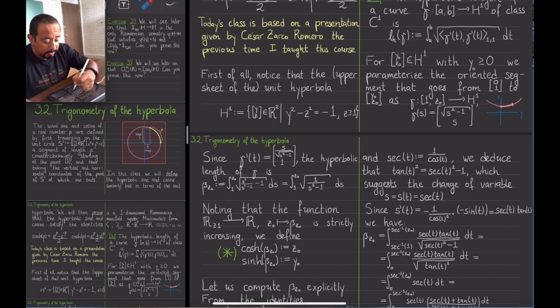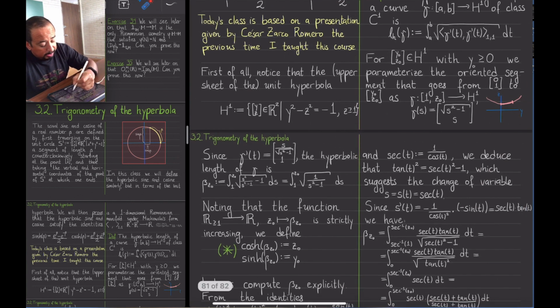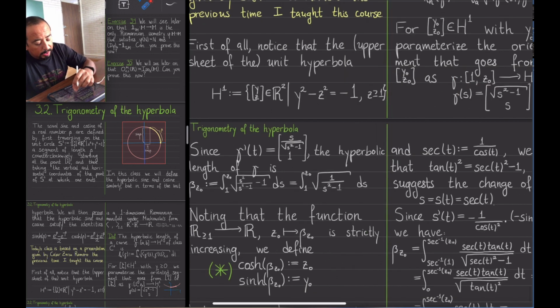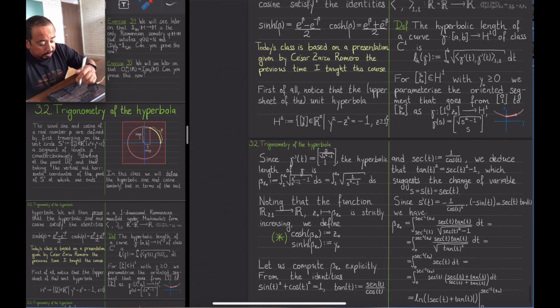So you compute it, and so the hyperbolic length, which I'm going to denote beta of z0, because everything is going to depend on z0, because it's an integral, because the curve goes from 1 to z0. Okay, so it's this one. So it's basic computation, right?